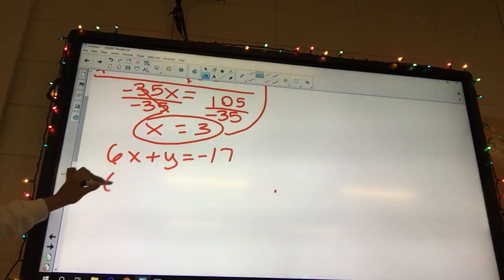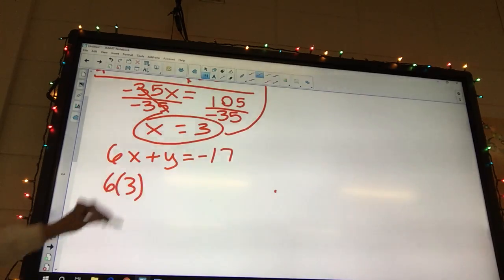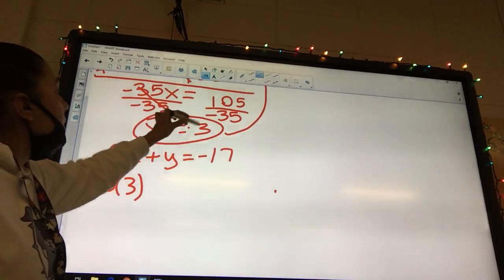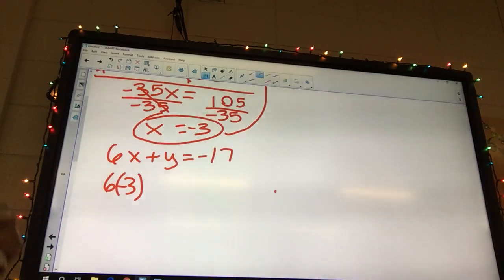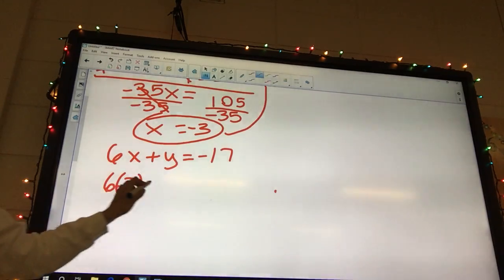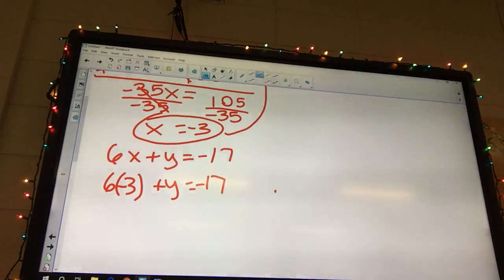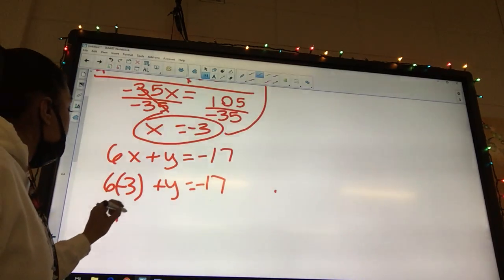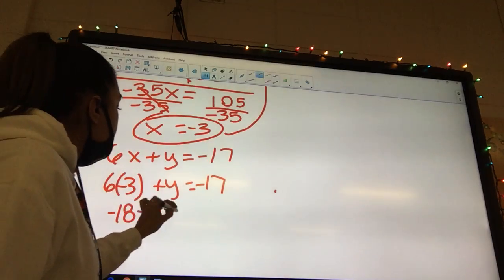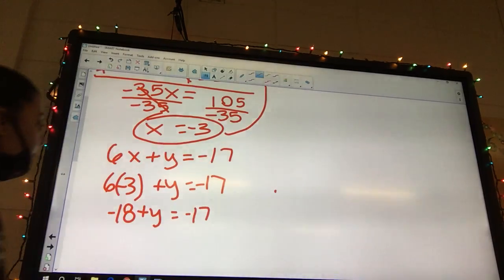And everywhere there's an x, I'm putting a 3. Oh, it should be negative 3. Plus y equals negative 17. Okay, so I'm going to say negative 18 plus y equals negative 17.